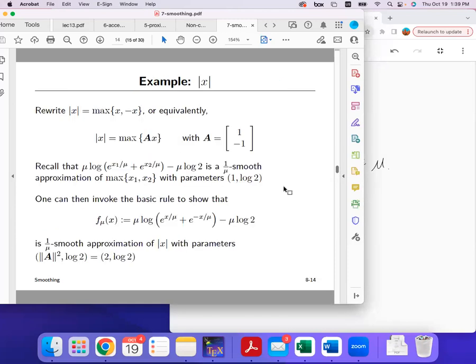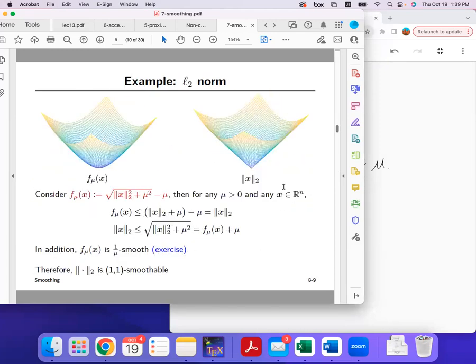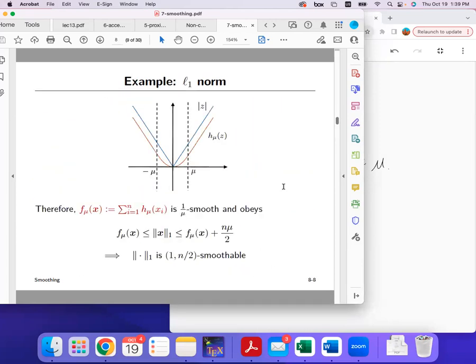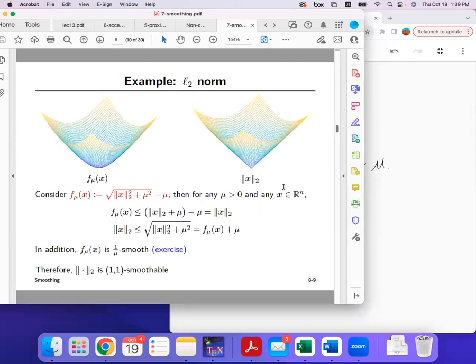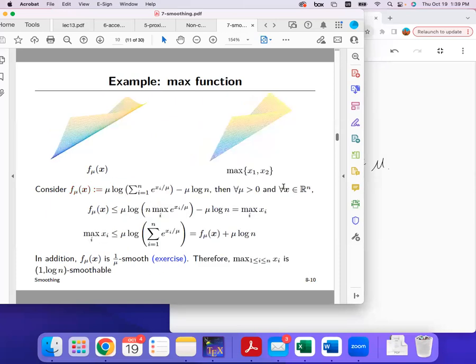Throughout all these examples, we see that for different simple non-smooth functions, we can find a good smooth approximation in a certain way. And the ways we approximate them are very different. Like for the L1 norm, we use the Huber function to approximate it. For the L2 norm, we do it in this way. And for the maximum function, it's totally different.